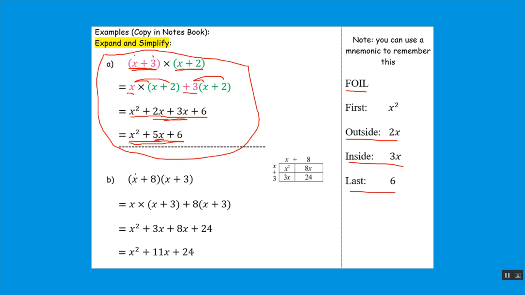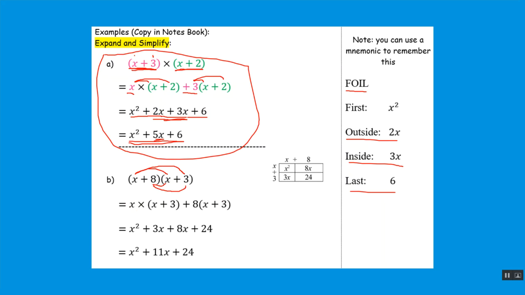So for this one, we'd go first is x and x. Outside is x and 3. Inside and last. So if you do it this way, you eliminate this line of working.